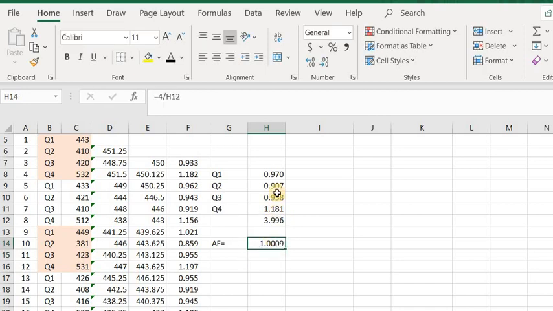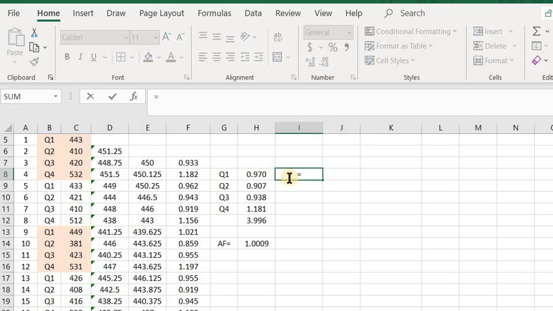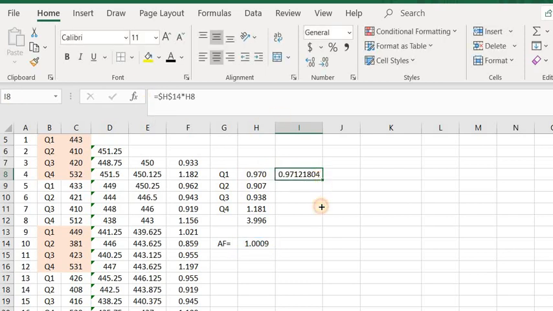This is what we need to multiply with each initial seasonal factor. Then we check whether the summation is equal to M, in this case 4, because our M is quarterly. Now it's okay, it is equal to 4. So move to the next step.